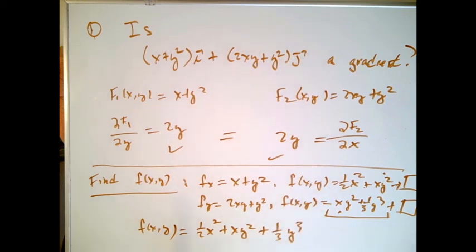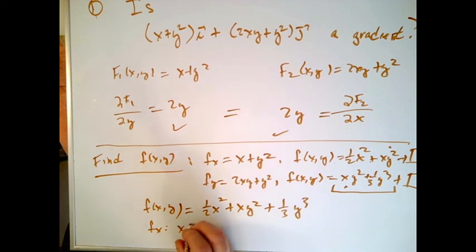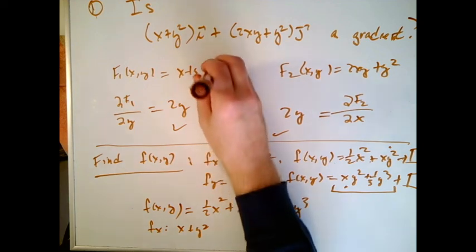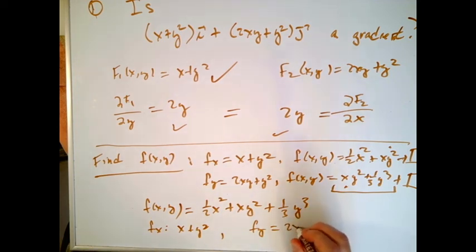And I think that's actually the thing we're going to do if I try to check to make sure we're close. If I take the partial derivative with respect to x, I get x plus y squared like I was supposed to. When I take the partial derivative with respect to y, I get 2xy plus y squared like I was supposed to.